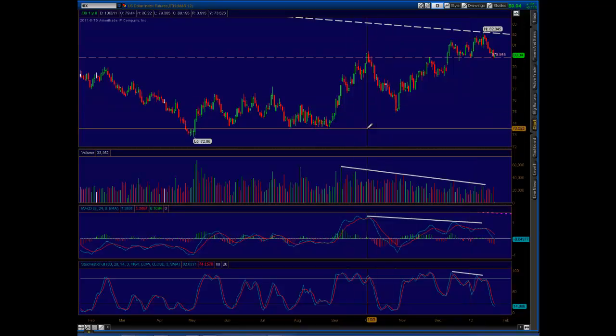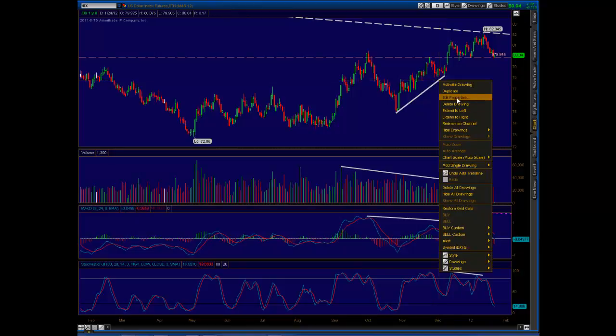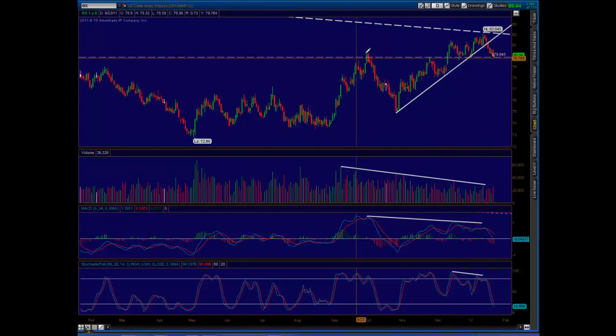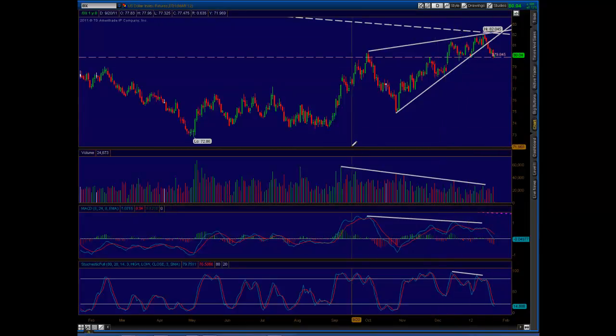We've pretty much done what's called a rising wedge, a bearish rising wedge, and you can see it right there.